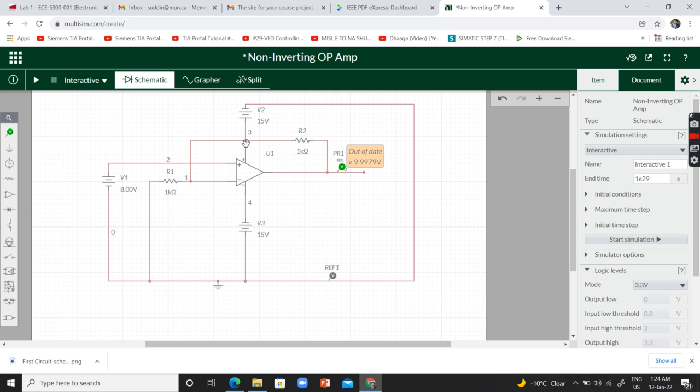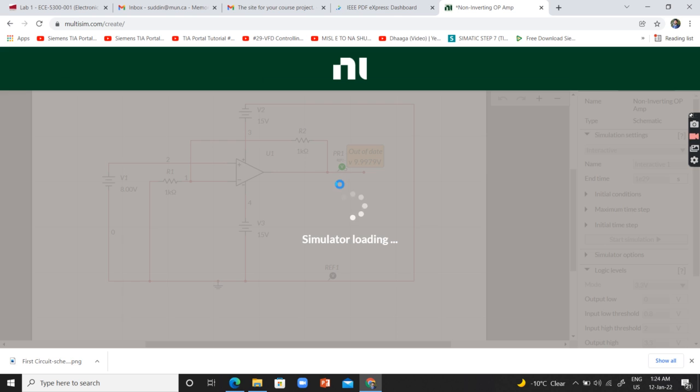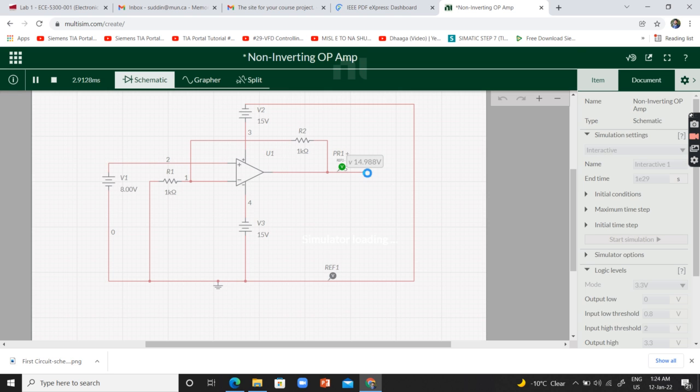So let's try to run the simulation with the same configuration and same settings. And once I play that again, you can see it is going till 15 volts. Although by mathematical calculation or by theoretical knowledge, 8 times 2 is 16. It should reach 16 volts, but no, it's being saturated at 15.